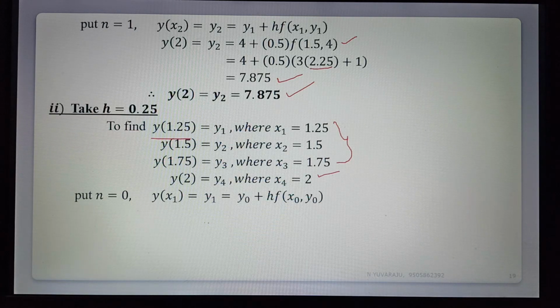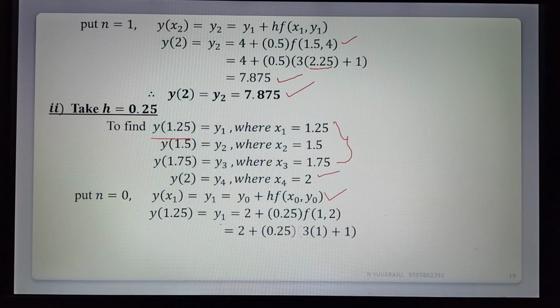Same formula, n is equal to 0, substituting the first value y of 1.25 is equal to y1 is equal to 2 plus 0.25 into the same f of x comma y, the function 3x square plus 1, 3 into 1 square plus 1. Simplification gives 3. The first value y of 1.25 is equal to 3.